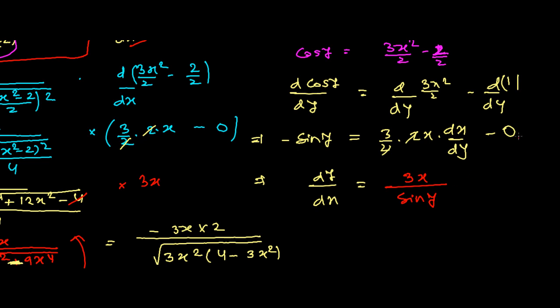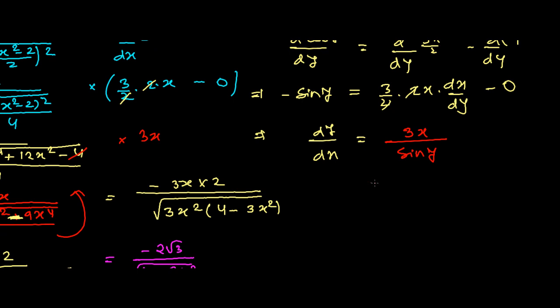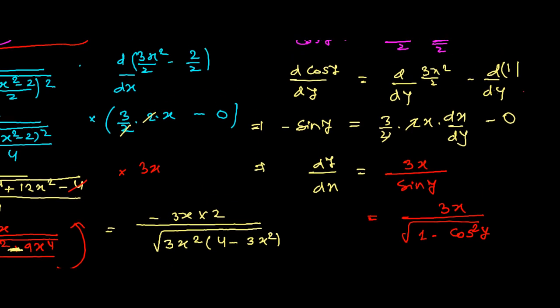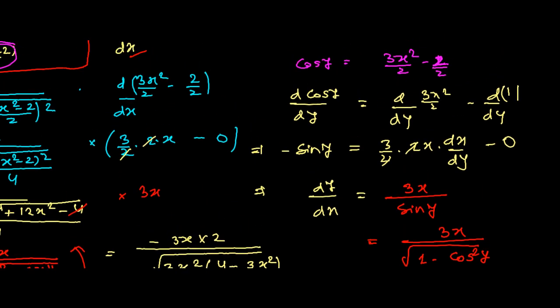All right, and again we know that what is cos y, so what you can write, 3x divided by sine y is actually 1 minus cos square y. All right, so further, what is cos y? Now you can put the value of cos y, this part here.